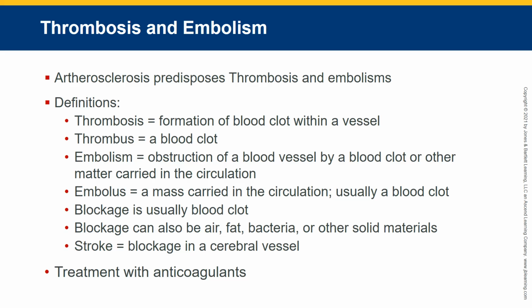Remember, some of our blood vessels are like little hairs, right? And so you get a clot of cells all stuck together within a blood vessel, and it causes blood not to be able to get through it. It causes an ischemia or a blockage, right? So thrombosis is the formation of a clot, and a thrombus is an actual blood clot.